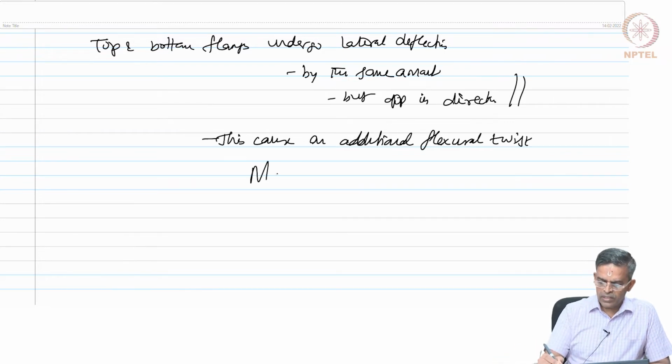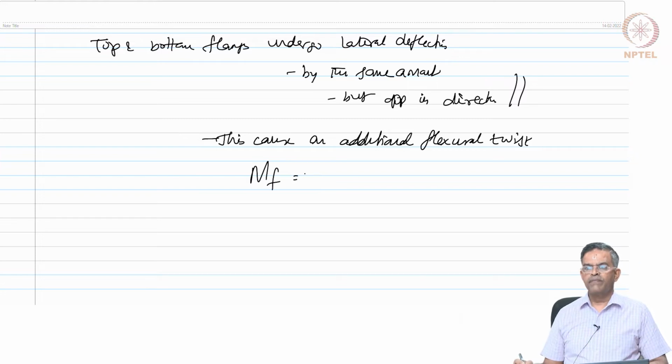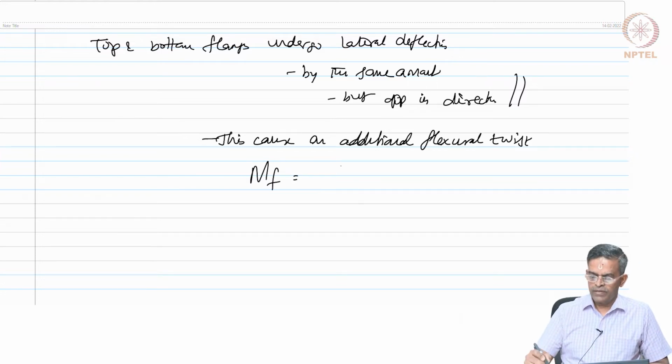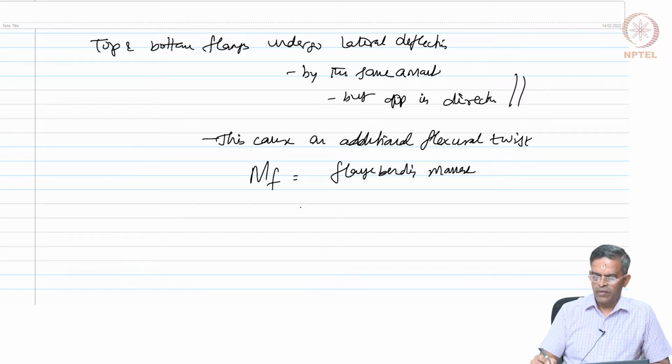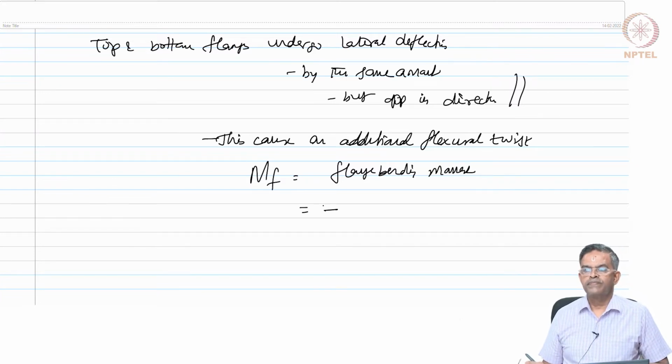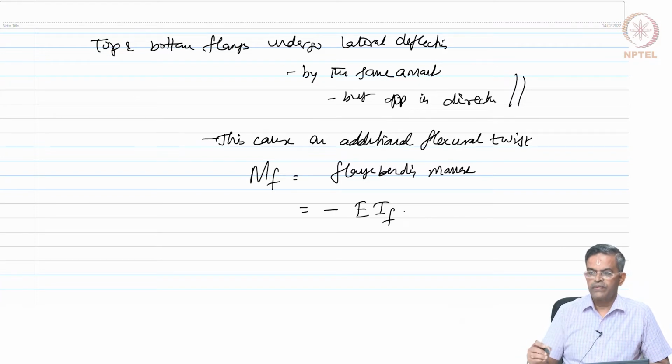This additional flexural twist is expressed as Mf, which is the flange bending moment, given by minus EIf d square x by dz square.